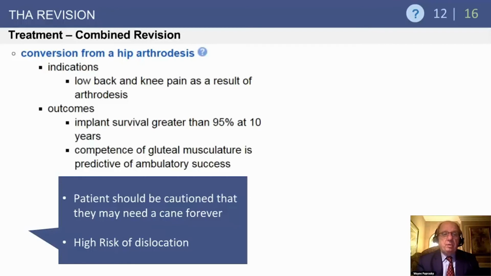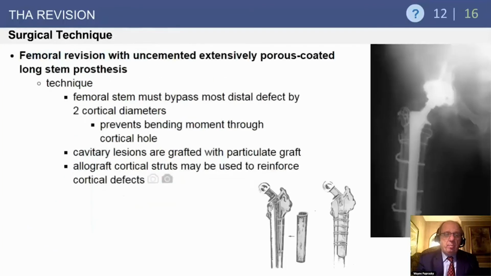You have to assess the competence of the gluteus muscles and predict ambulatory status. These patients must be cautioned that they may need a cane forever. That's one of the big problems. Patients don't expect this and expect a different result. And they have a high risk of dislocation. You have to be prepared to use a constrained liner in these cases.